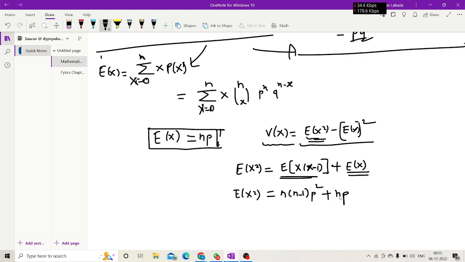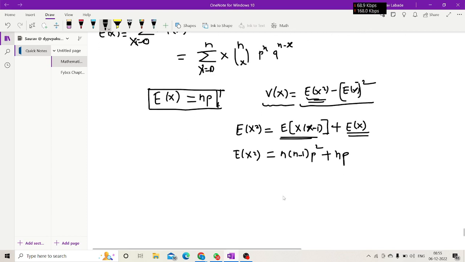So what we can do is directly substitute this expectation of x square in the formula of variance of x. Let's do that. I know this is my formula. I am just substituting the expectation of x square in this formula.